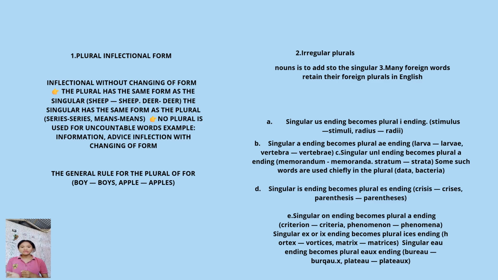Singular ex or ix ending becomes plural ices ending, like vertex becomes vertices, and matrix becomes matrices. And then for singular eau, a, and u endings, they become plural eaux, a, u, and x endings.